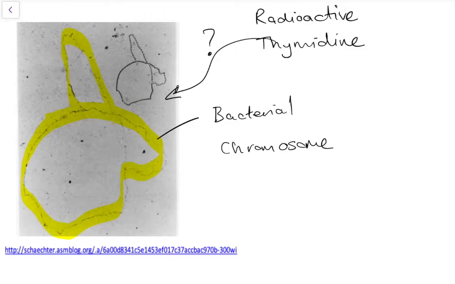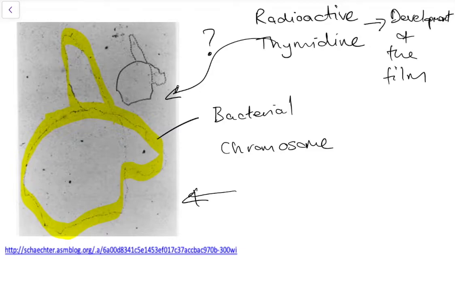So what they did was they left the bacteria next to a film which would develop. The radioactivity would cause the development of the film, and we can see then in those regions where the bacterial chromosomes were. And then they could measure those distances.